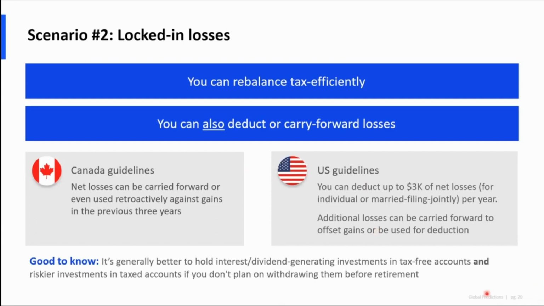The other thing I wanted to mention is that if you're in the position where you do want to rebalance, it is worth thinking about taxes as well. That's sort of outside the scope of this talk, because we're mostly talking about end-of-year harvesting. But there are some things you can do. If you have something that's spinning off a lot of interest and dividends, you're going to want to move that to a tax-free account if you can.